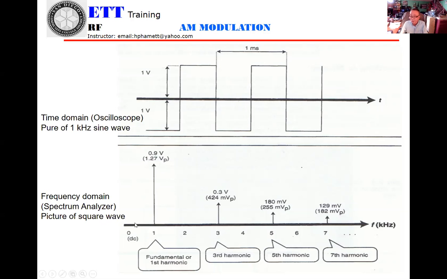That tells you the signal at the frequency 1K and what its value is. Then the second harmonic isn't used. You go to the third harmonic, meaning 3K, and the voltage is now 0.3, and it keeps going. You see that? You get the fundamental, then the third harmonic, fifth harmonic, seventh harmonic, and so on.